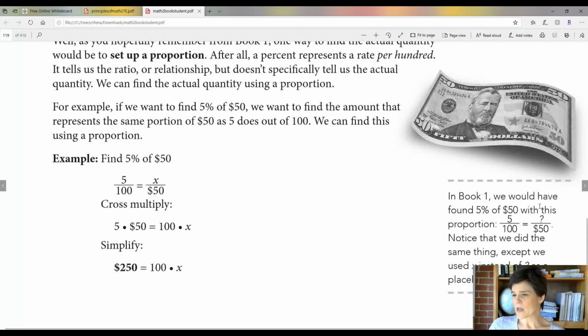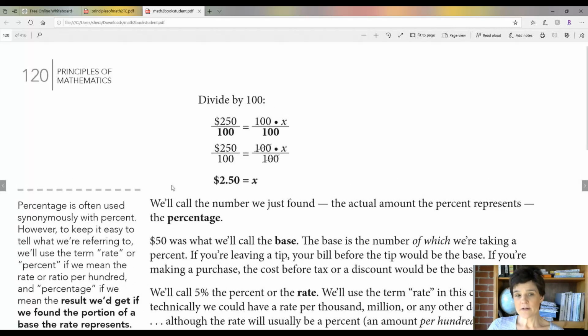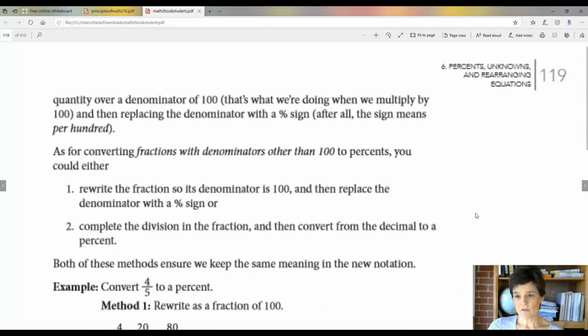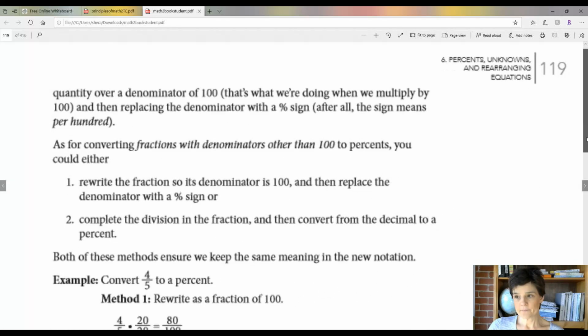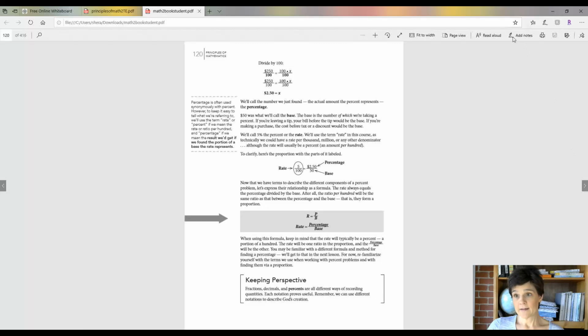Now in book 1, we would have found 5% of $50 with this proportion. Notice we did the same thing, except you used an x instead of a question mark. Then you divide that by 100. Right here, you're left with 100 times x, which is the same as 100x.